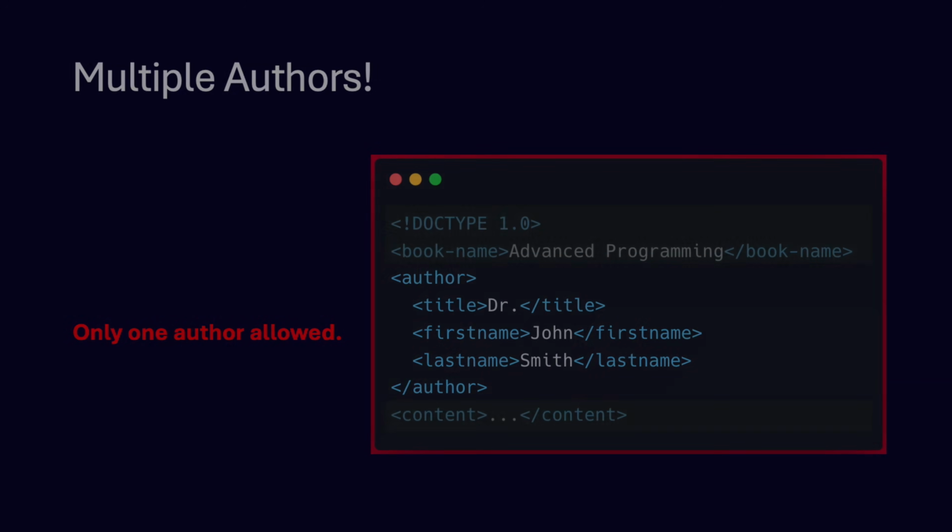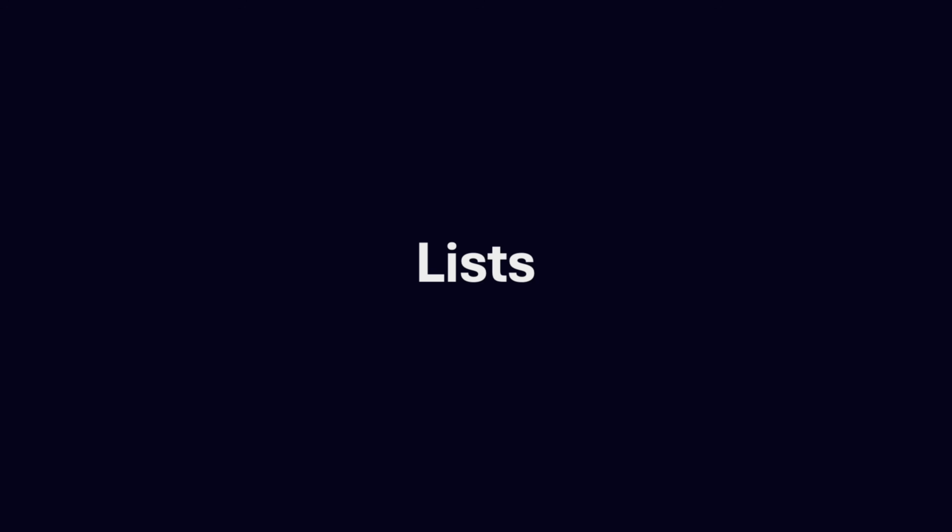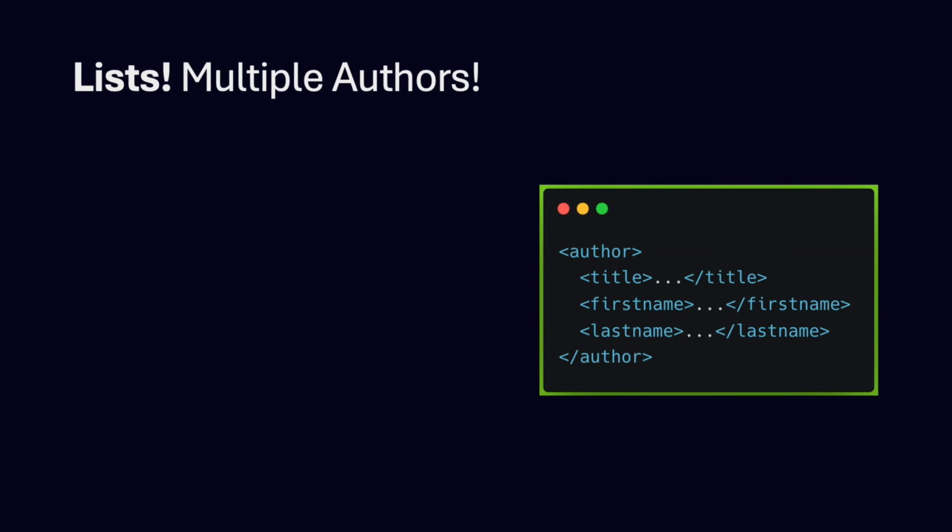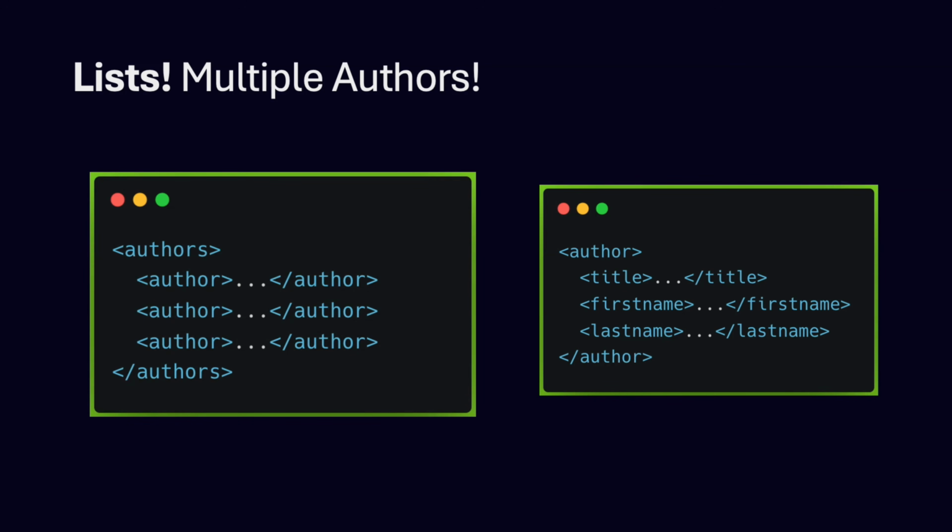Here's my proposal. I need to change my format to allow for a list of authors to be inserted. With the current format, I can capture the information for each individual author using the existing author tag that I already have. But I need another tag to hold these multiple author tags together.